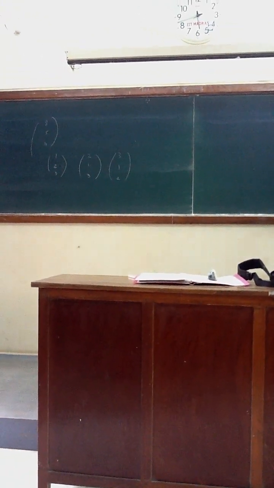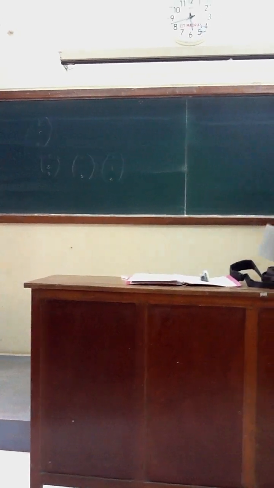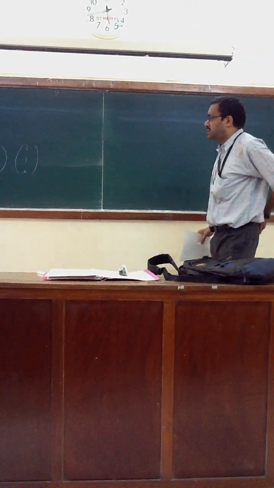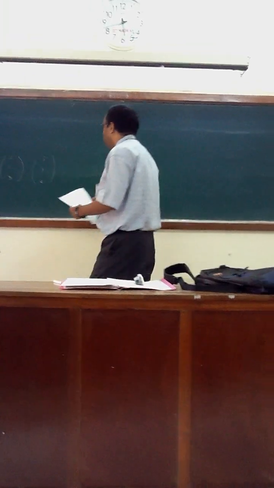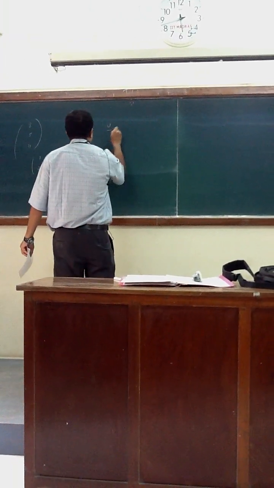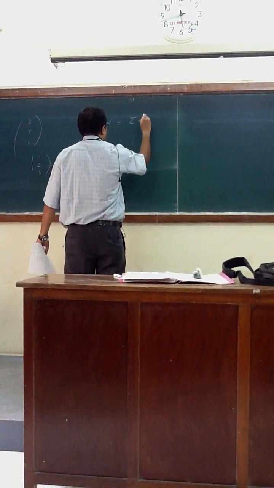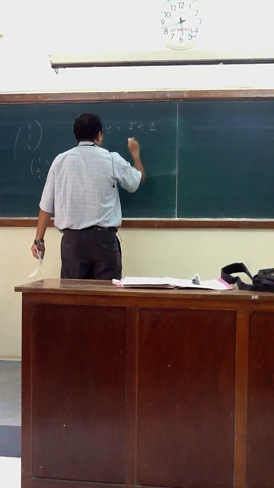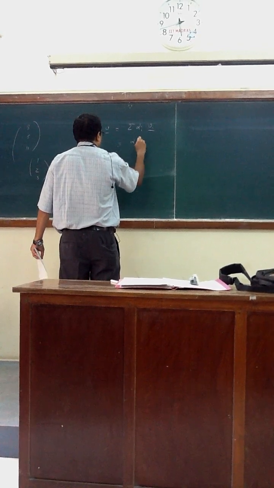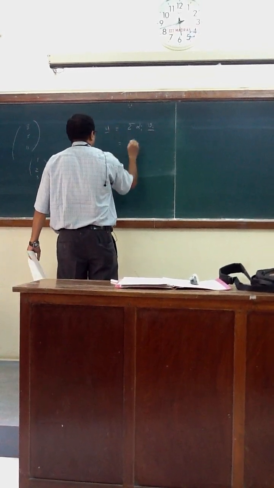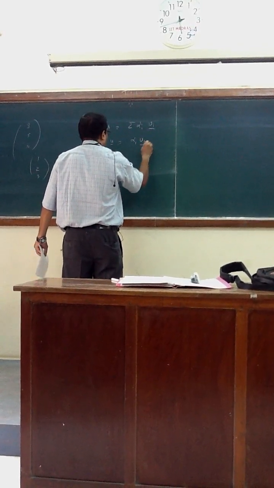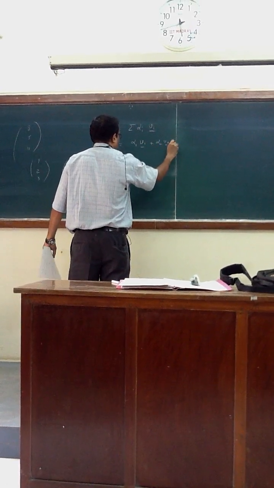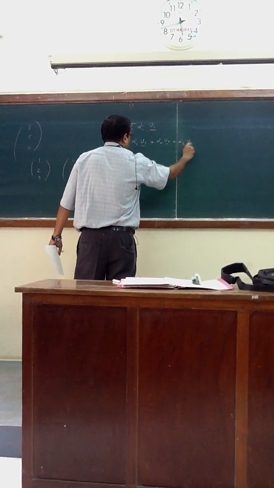If you express the vector in terms of these basis vectors, we know that any vector can be expressed as a combination of basis vectors, U bar equals alpha 1 V1 bar plus alpha 2 V2 bar plus alpha 3 V3 bar.